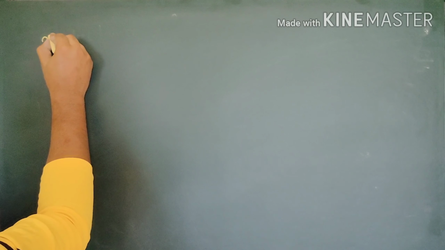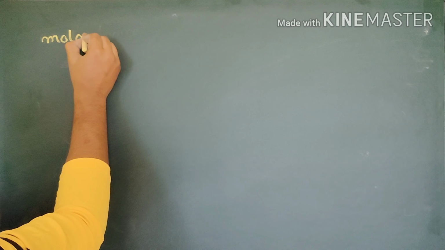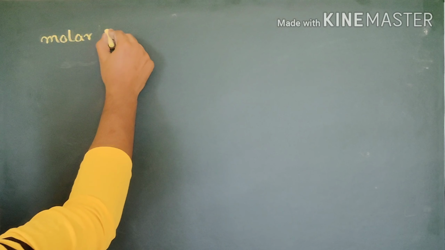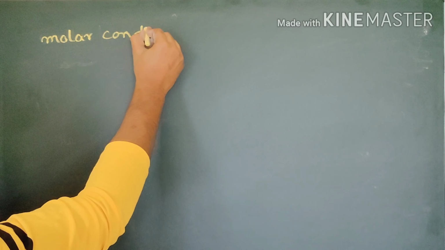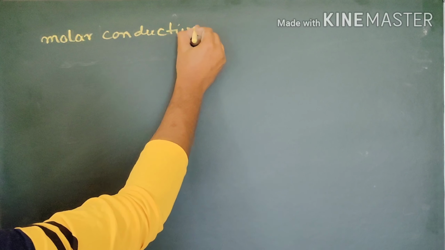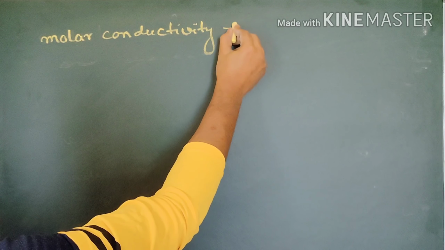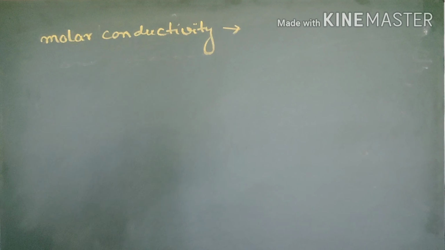So the heading is molar conductivity. Now, in order to write what molar conductivity is, we should be writing that it is the conducting power of all ions produced by dissolving 1 mole of an electrolyte.